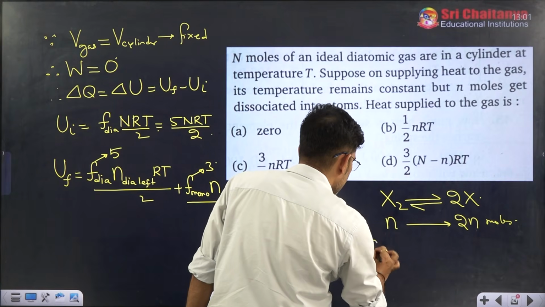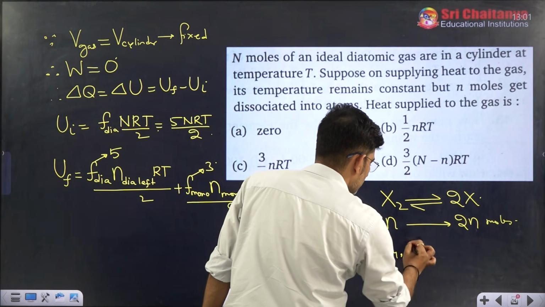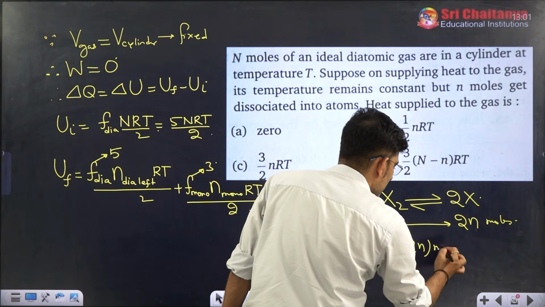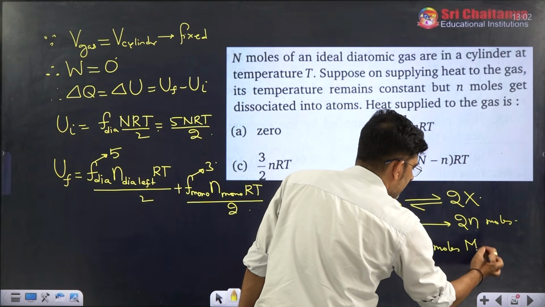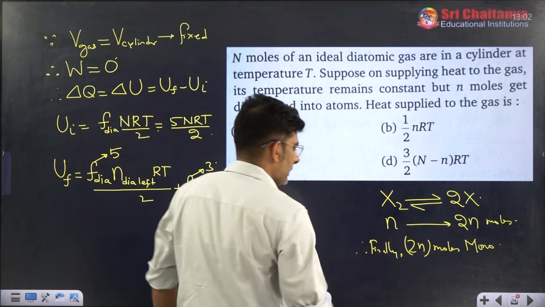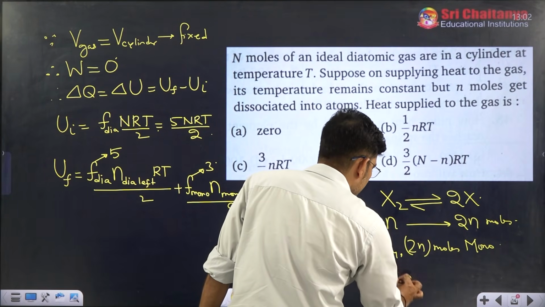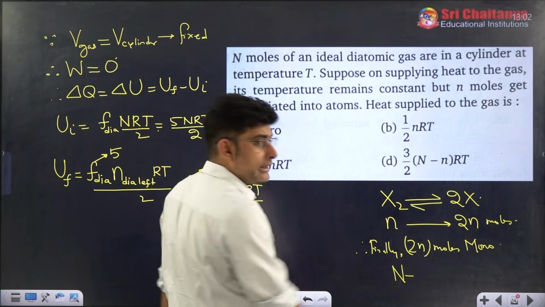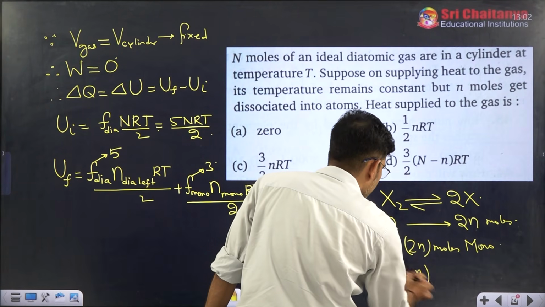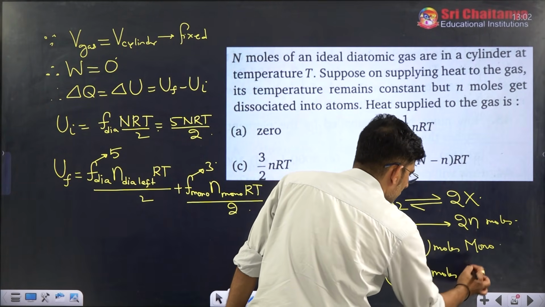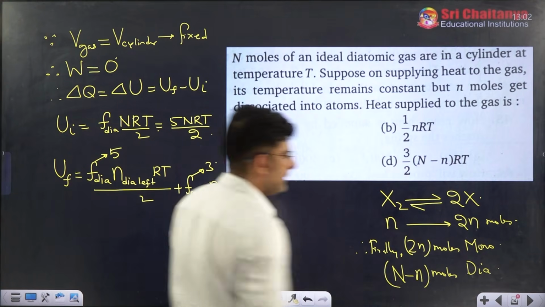So finally we have 2n moles of monoatoms, and how many will be left out of capital N? Small n have dissociated. So N minus n moles of diatomic will be left.